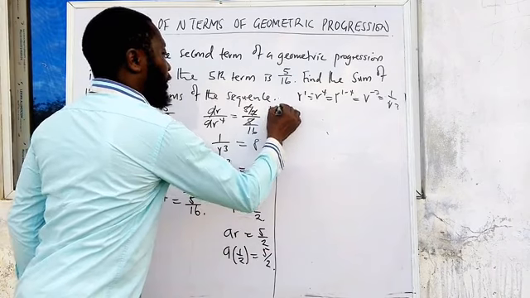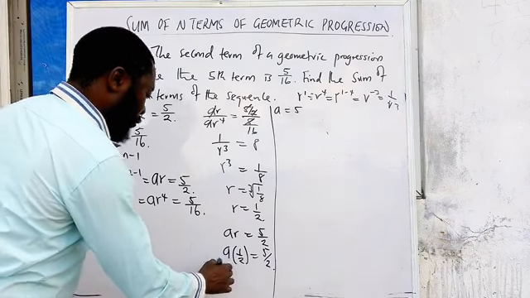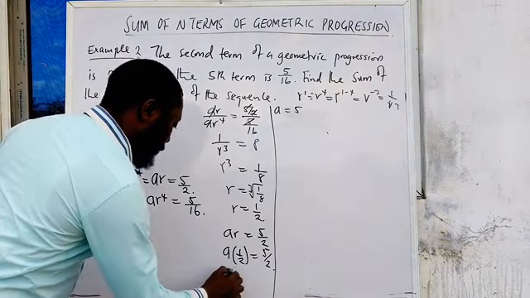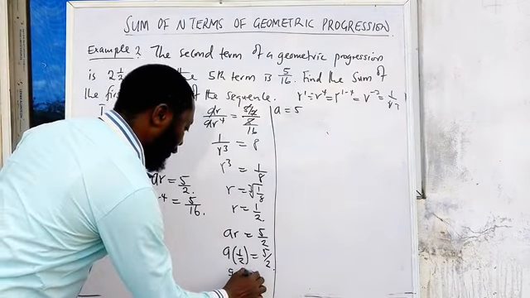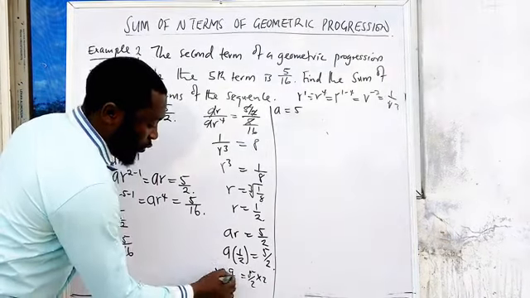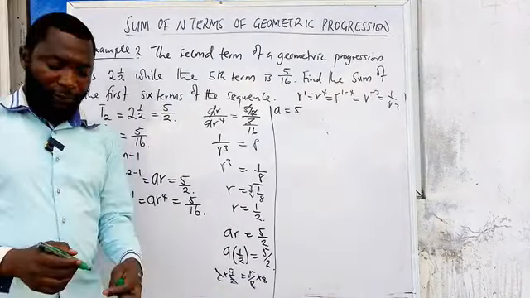We have a over 2 equals 5 over 2, so multiply by 2, and the 2 will cancel out the denominators. So we have a equals 5.